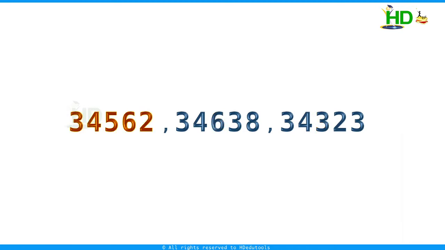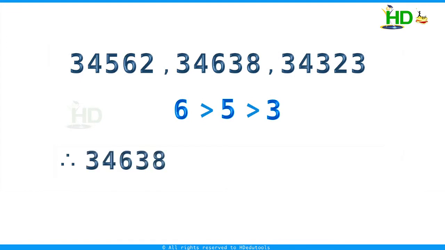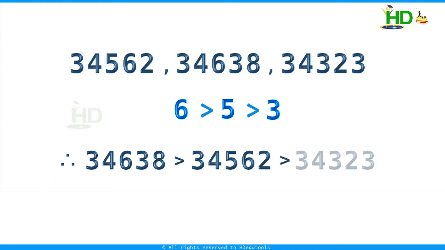Now here this number has 5 and this number has 6 and this number has 3 in hundreds place. And as 6 is greater than 5 is greater than 3, therefore we can say that 34,638 is greater than 34,562 is greater than 34,323.